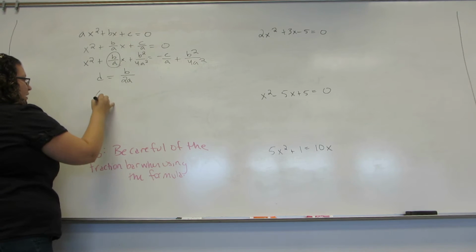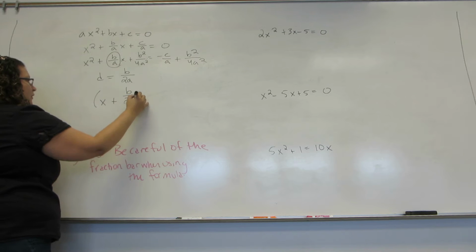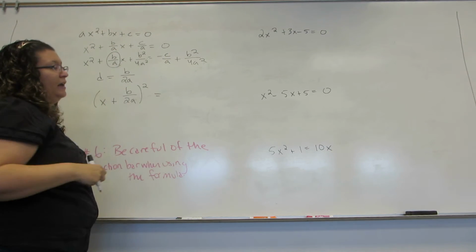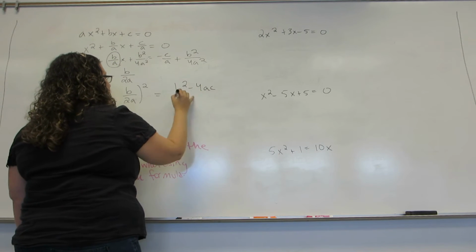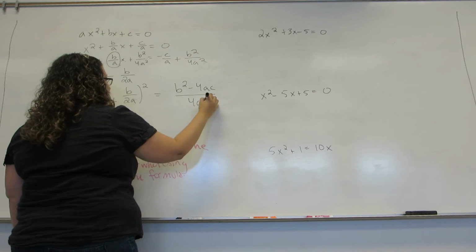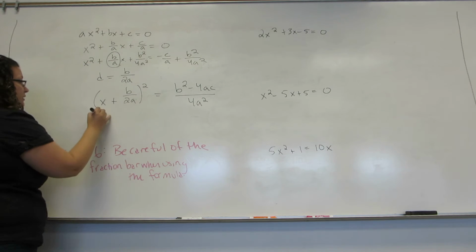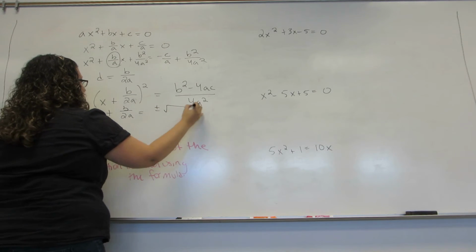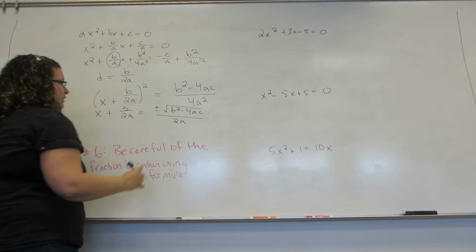This left-hand side always factors as x plus d, quantity squared. Now the right-hand side, I can add these fractions, and I end up with b squared minus 4ac all over 4a squared. Okay. Now, taking a square root of both sides gives me this.